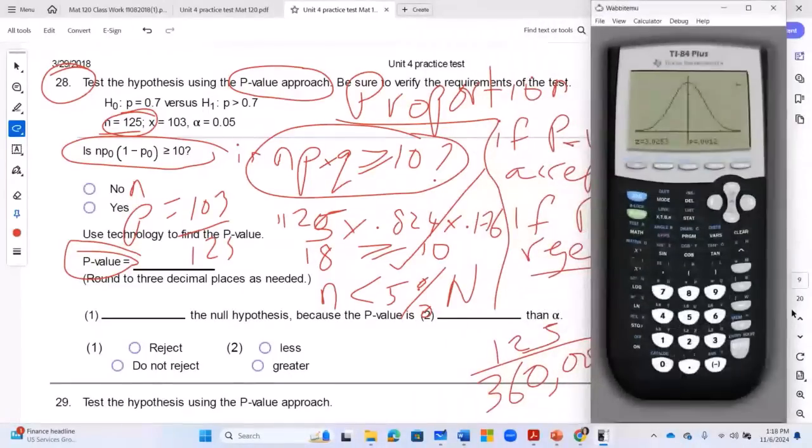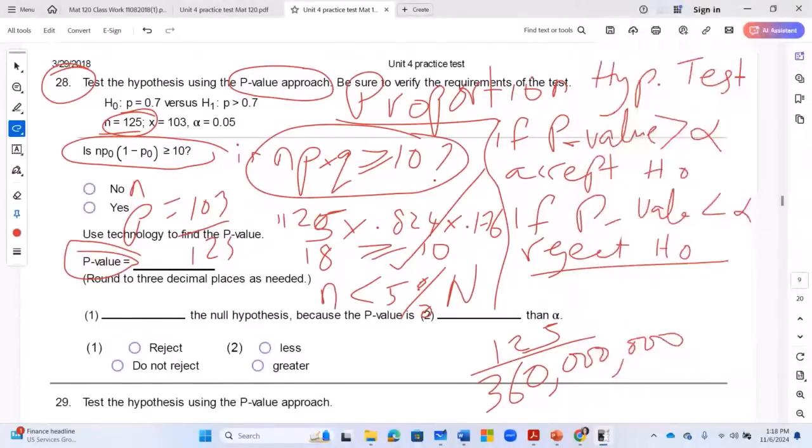I want us to know that alpha given to us is 5%. The p-value found from my test is 0.0012, and alpha is 5%, which is 0.05.